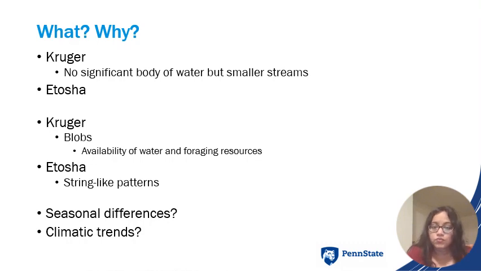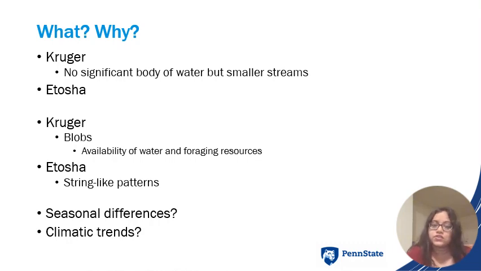Elephant movement patterns in Kruger, we have seen, show localized activities around available water sources and rich foraging zones. And Etosha displays a string-like movement pattern indicative of elephants possibly navigating between distinct water sources or specific foraging regions.